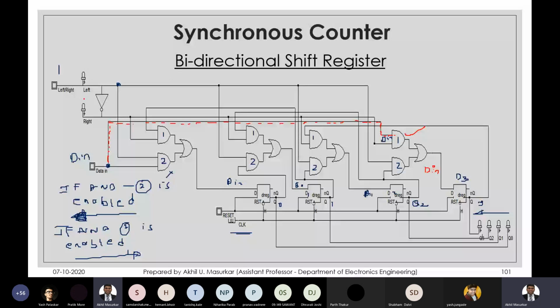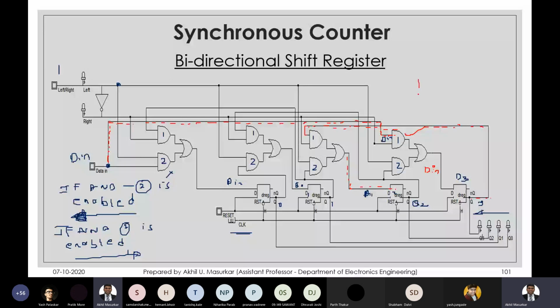This Q3 you can see goes into this flip-flop, and this is connected to D3.